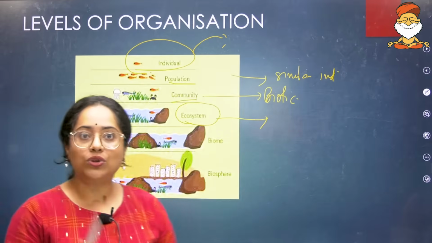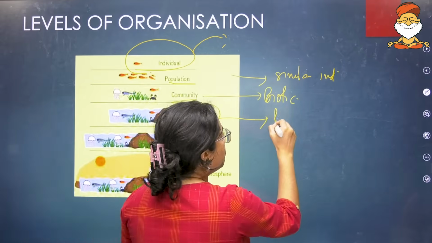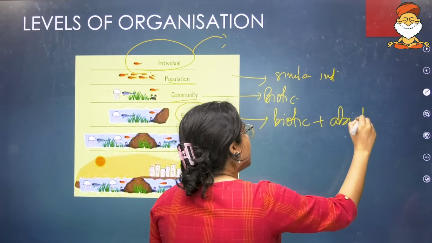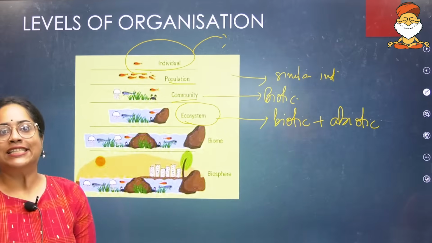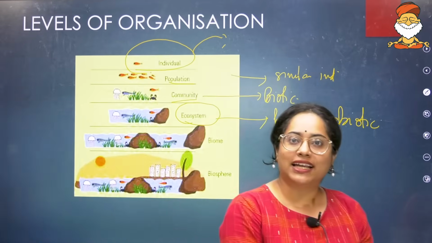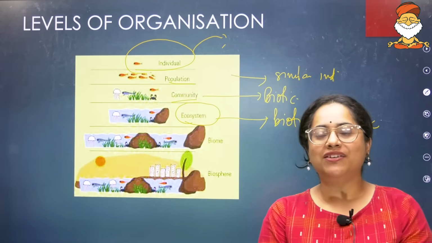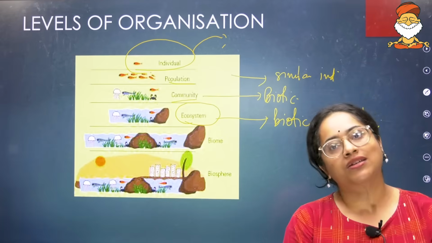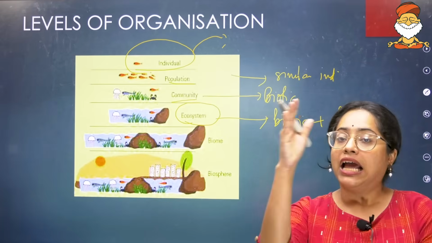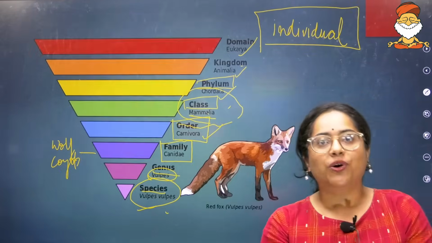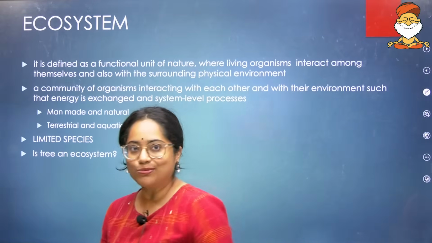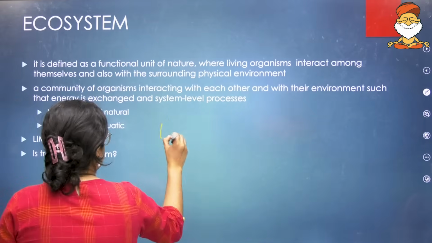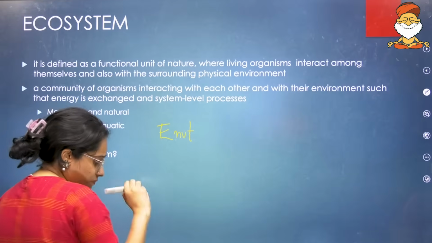Which means in ecosystem, you have biotic factors and abiotic factors. We discussed something which had biotic and abiotic factors earlier. There was environment which had biotic and abiotic factors. So now we have to explore what is the difference between environment and ecosystem. And that is what we are going to discuss now. See, let's break it down simply. Environment is there. There is ecosystem.